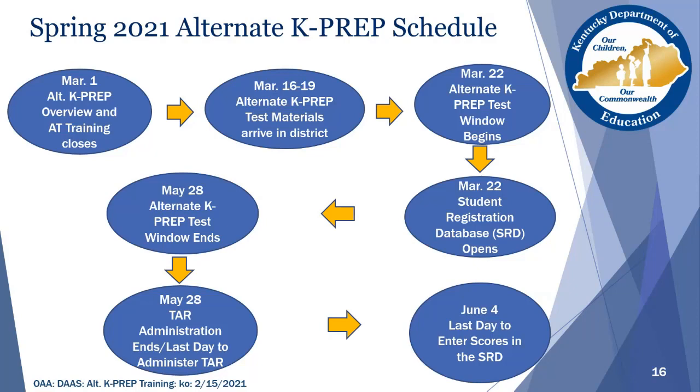Again, testing does not have to start on March 22nd, but it must end by May 28th. The last day to enter scores in the student registration database will be June the 4th. These updated dates have also been revised and placed in the alternate K-Prep handouts that accompany this training. That folder, as that revised calendar has been shared there.